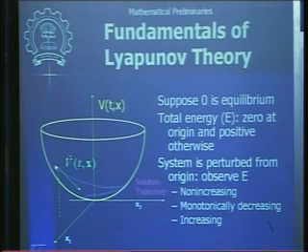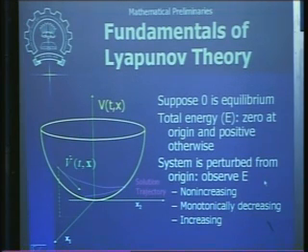Now this is how I can explain the question that has come, how this can help us in doing the analysis. Suppose 0 is an equilibrium and your total energy is 0 at the origin and positive at other places, that is, a positive definite function. Then you perturb the system from the origin and observe this energy function.